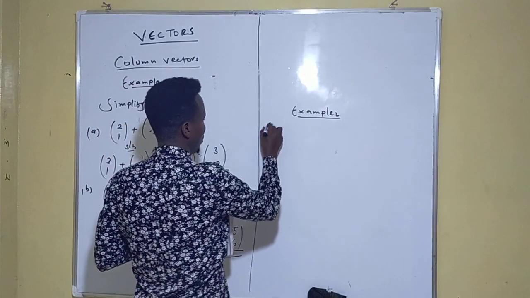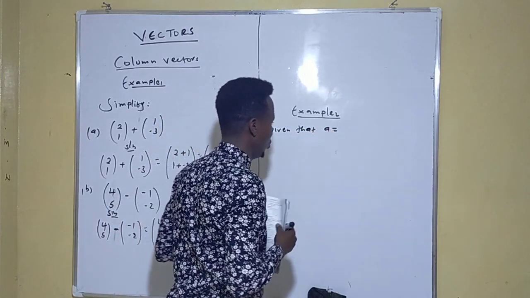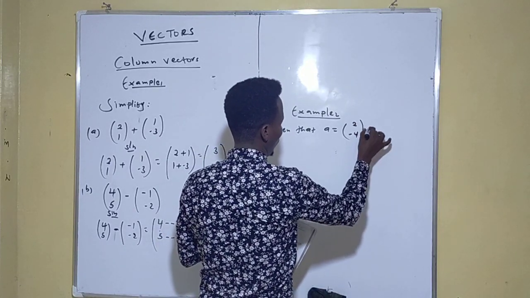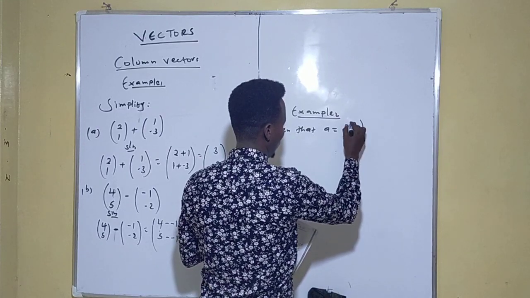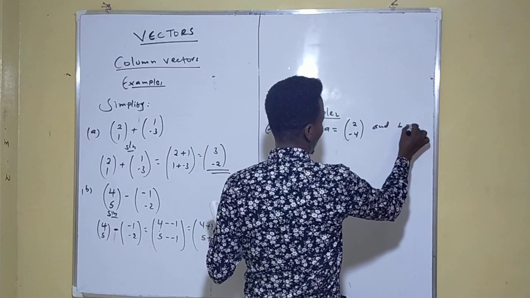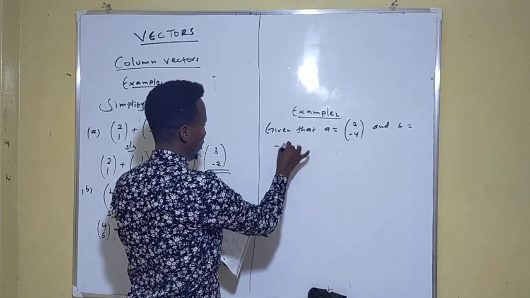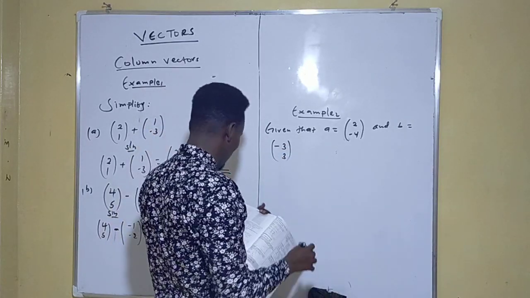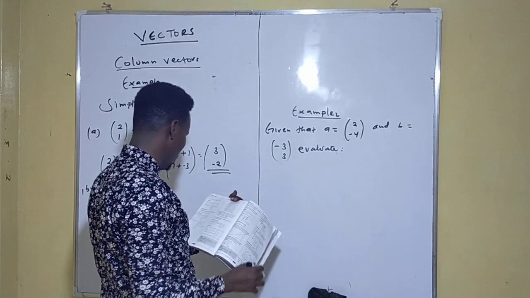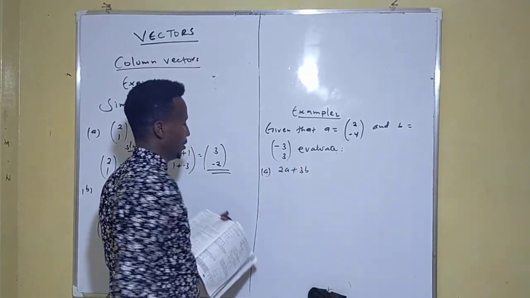Given that A is equal to (2, -4) and B is equal to (-3, 3), you're told to evaluate, question A, 2A plus 3B.